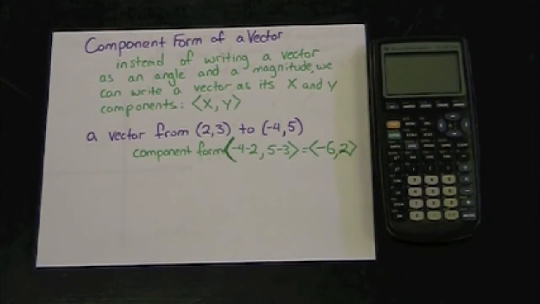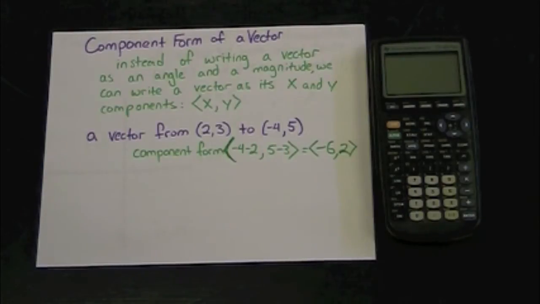Let's talk about the component form of a vector. Instead of saying that something is moving at some speed at a specific angle, we could instead say that it's moving at a certain speed in the x direction and a certain speed in the y direction together.